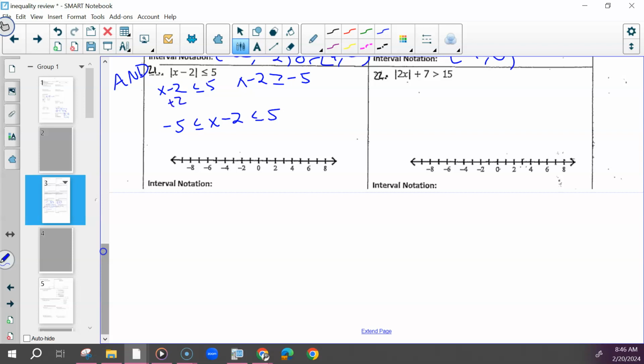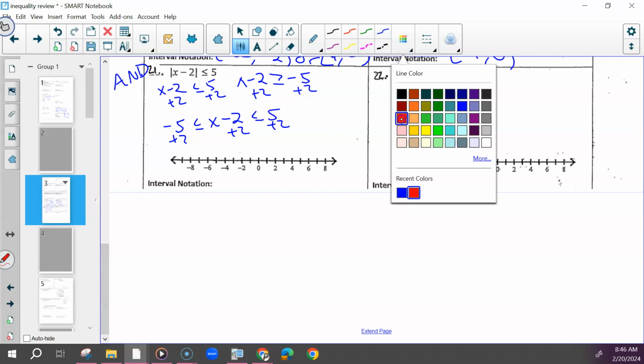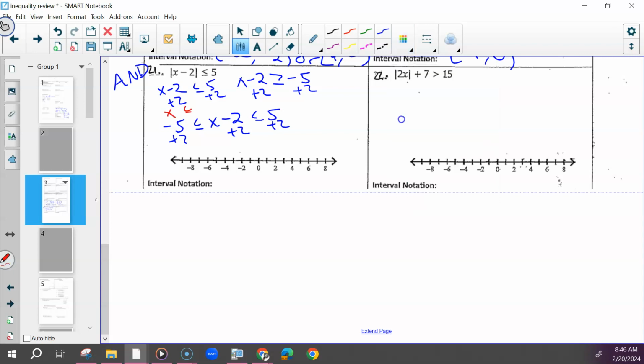So if we added 2, however you chose to do that, in condensed form or in the two separate cases, not in the condensed form, we have x is less than or equal to 7, and x is greater than or equal to -3. In the condensed form, it would look the same.